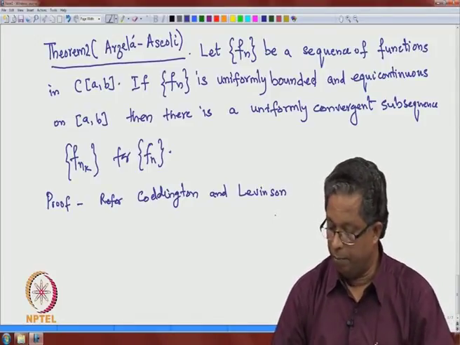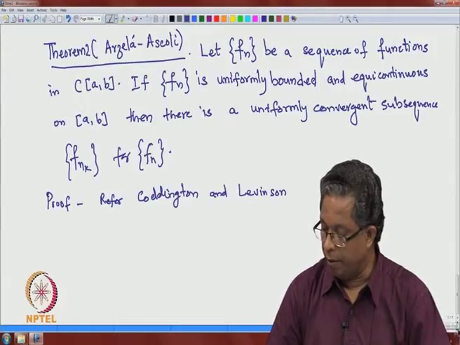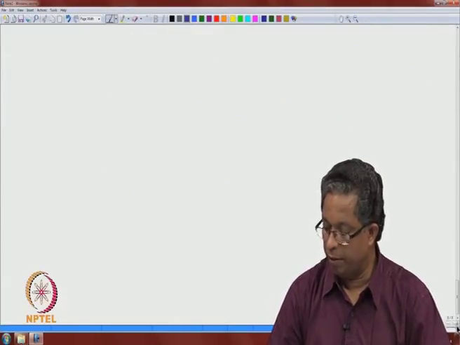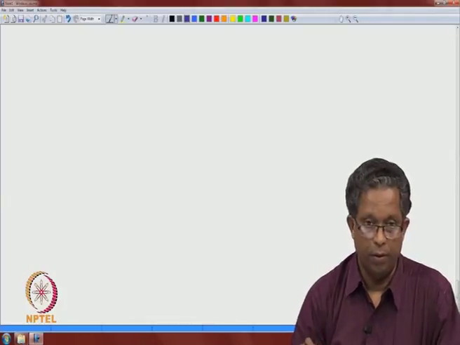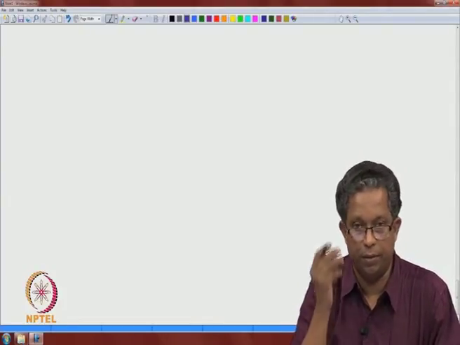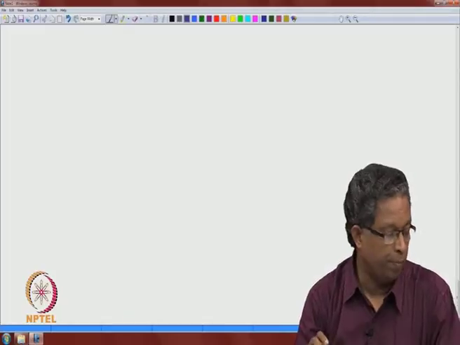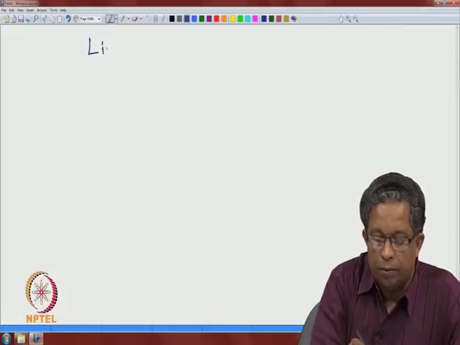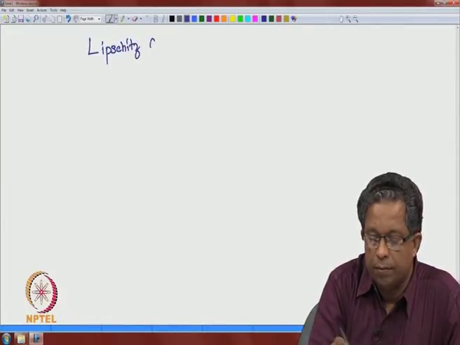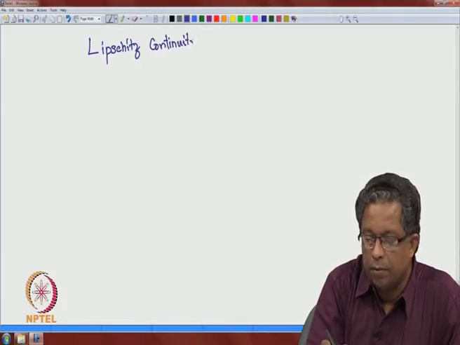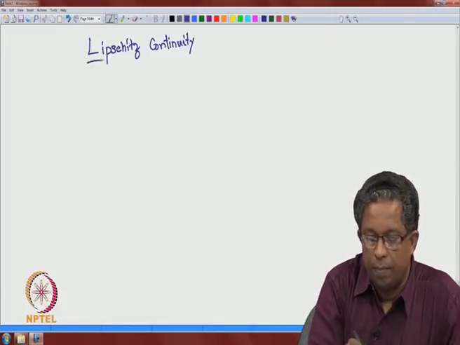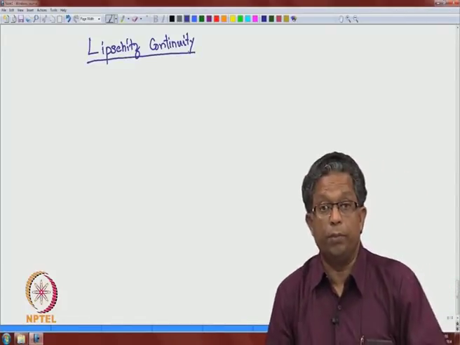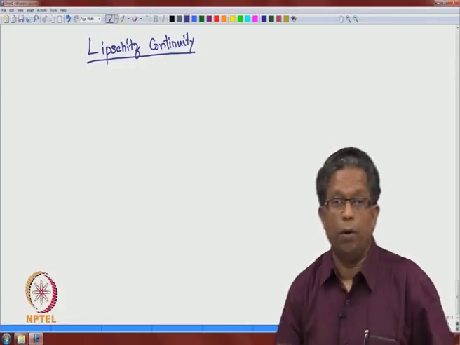Now we move on to the next topic, which will be used in proving the uniqueness of solution of initial value problem, namely the Lipschitz continuity. So, Lipschitz continuity of functions.